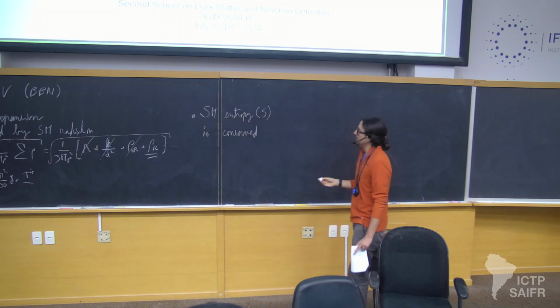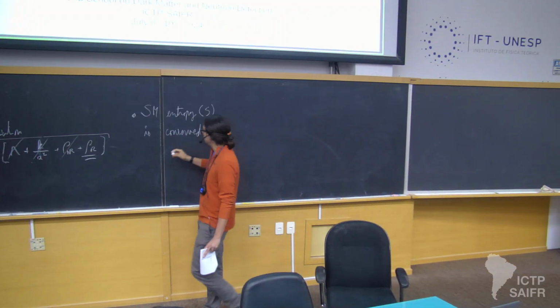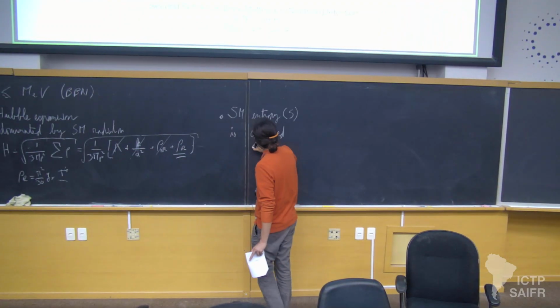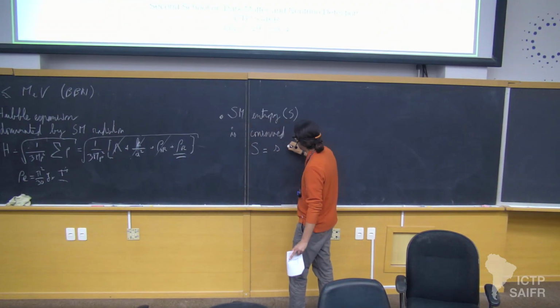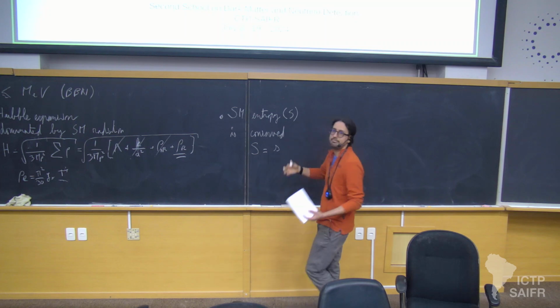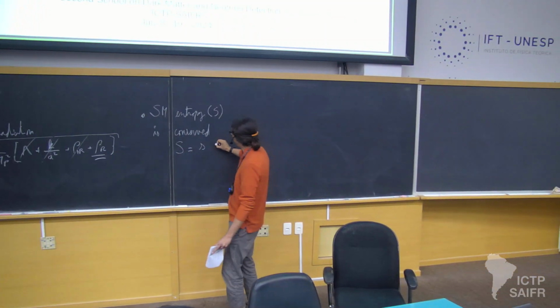So standard model entropy is entropy density times the volume, easy. And the volume is a cubed.